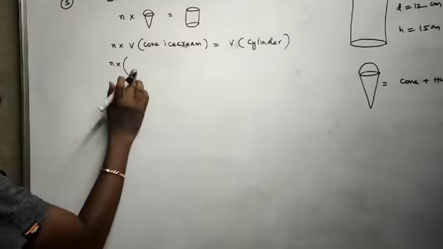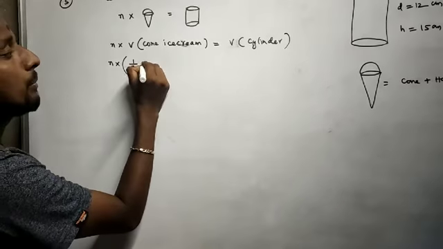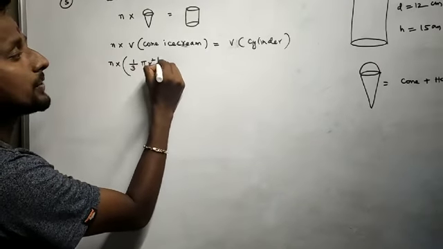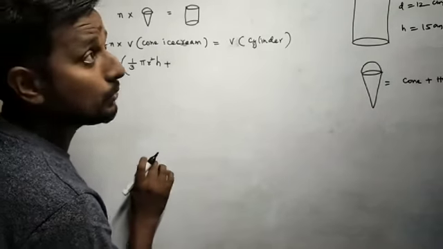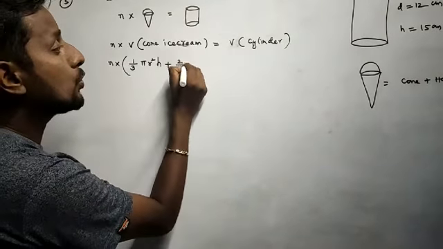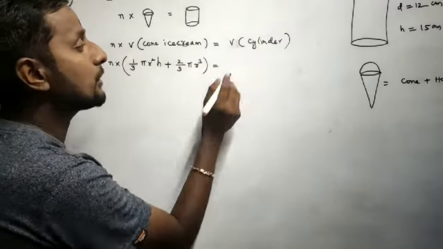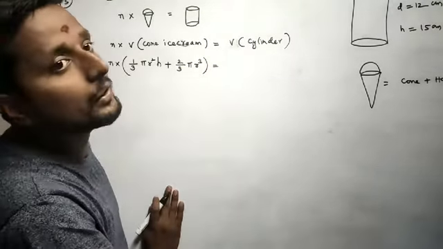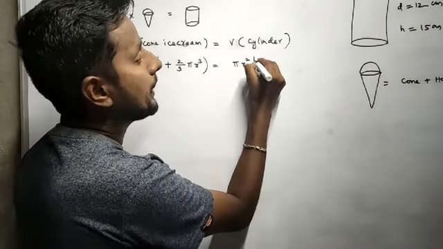So cone formula 1 by 3 pi r square h plus the volume of the hemisphere formula 2 by 3 pi r cube, equals the volume of the cylinder formula pi r square h.